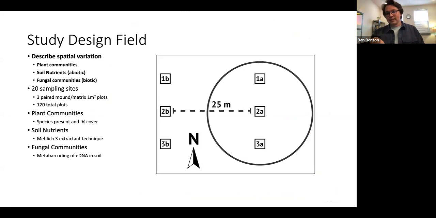But we didn't really see a difference in the plant communities associated with the topology of the mound. And the mounds are all pretty uniform in height from mound to mound. So there may be a difference with these really minute changes in the mound height, but that's not something I've explored yet. So I'm not sure if there's a relationship between that kind of micro topography, so to speak, and the plant communities.